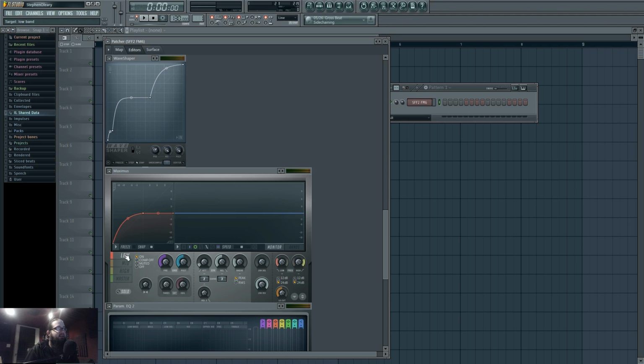I've used the low end compression to bring up the low end so that there'll be consistent bass. But then in the mid, I've turned off all the time parameters. And this basically turns Maximus into a legit wave shaper. But because this is a multi-band compressor, this effectively turns it into a multi-band wave shaper.